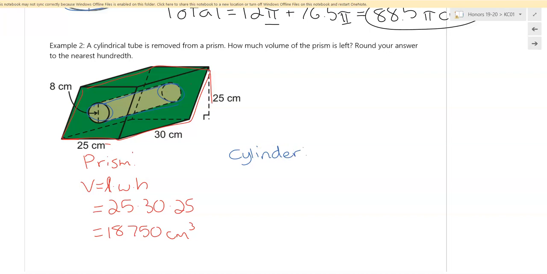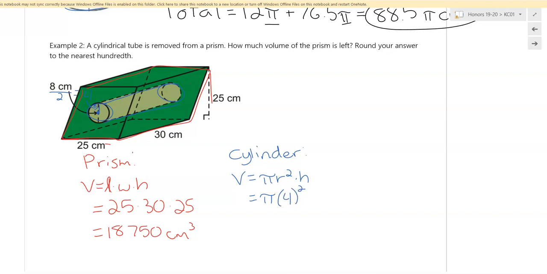So the cylinder, volume equals pi r squared times height. Well, our radius is only going to be half of this. So it's 4 squared.